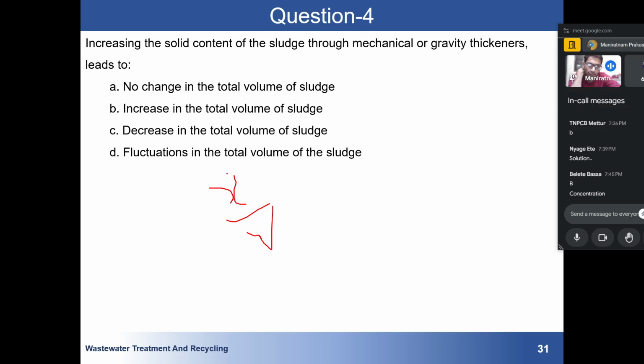Now imagine this is increasing. If this is increasing, then this must decrease. So the correct answer will be C, decrease in the total volume. Also, if we are using any kind of thickener, then overall the volume will decrease only.